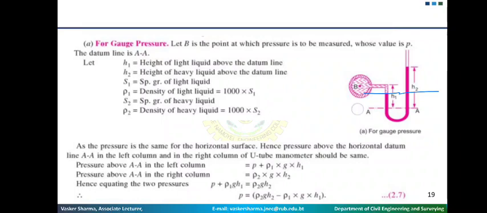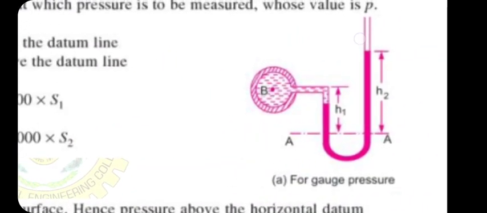We are not considering this AA here, and the new AA is this one. Once this pressure has been equalized, the pressure at these two points will be equal. Let me zoom here: pressure at this point and pressure at this point will be equal.